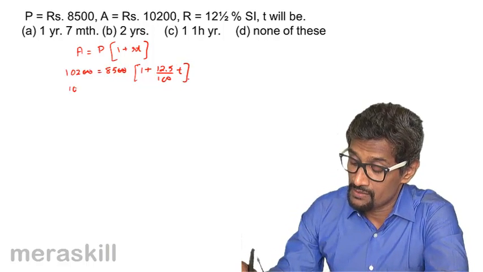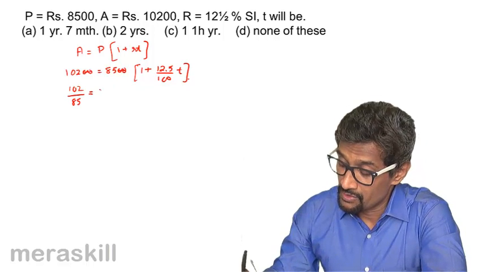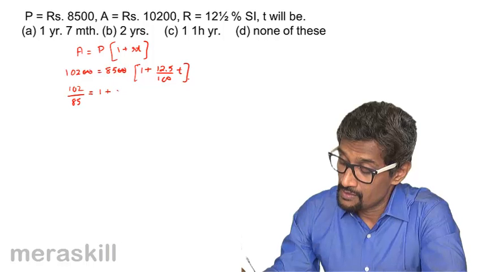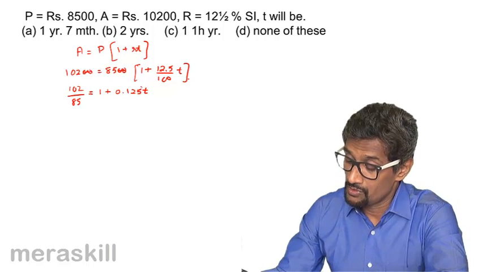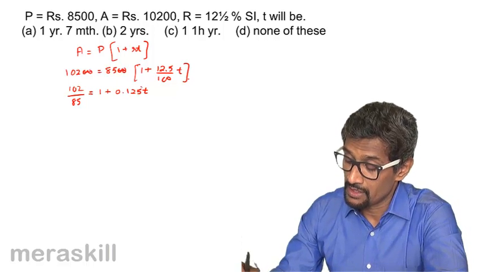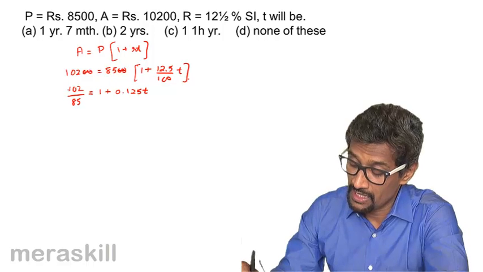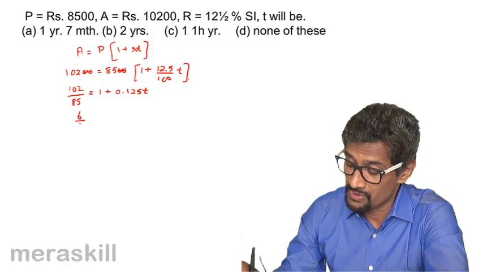So this is 102 upon 85 is equal to 1 plus 0.125 T. This will turn out to be, cancelled by 17, 6 by 5.